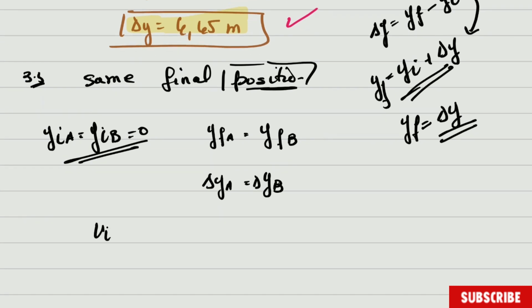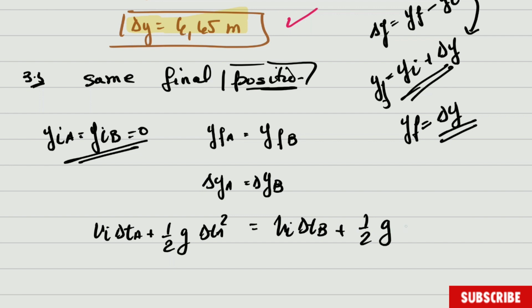Initial velocity multiplied by time A plus half multiplied by acceleration due to gravity multiplied by time A squared is equal to initial velocity multiplied by time B plus half acceleration due to gravity times time B squared.